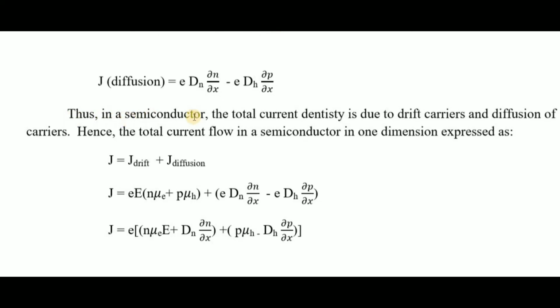Thus, in a semiconductor, the total current density is due to drift of carriers and diffusion of carriers. Hence, the total current flow in the semiconductor in one dimension is expressed as J is equal to J drift plus J diffusion.